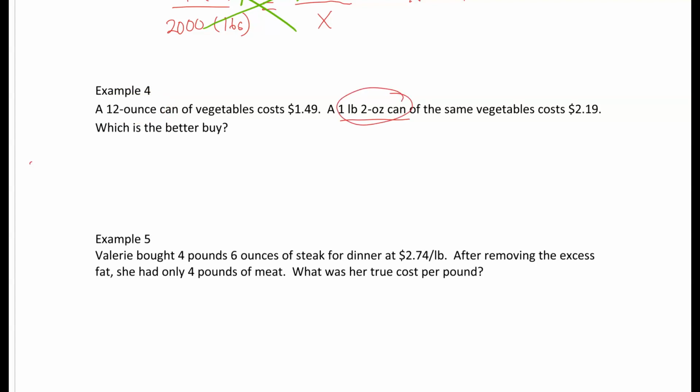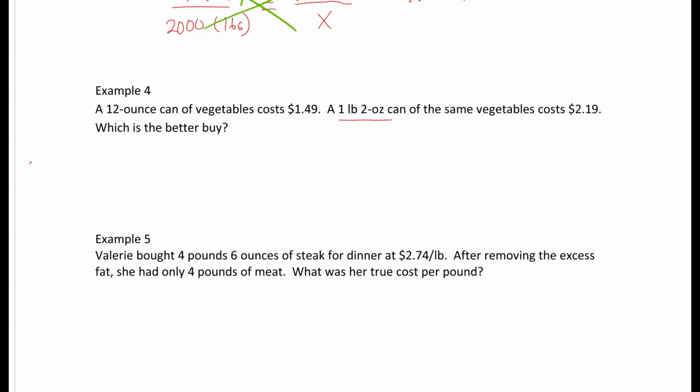So to start off, we'll go through the question. A 12-ounce can of vegetables costs $1.49. A 1-pound 2-ounce can of the same vegetables costs $2.19. And we want to figure out which is the better buy. Well, if we have to get this all into ounces, we have to convert our 1 pound into ounces.